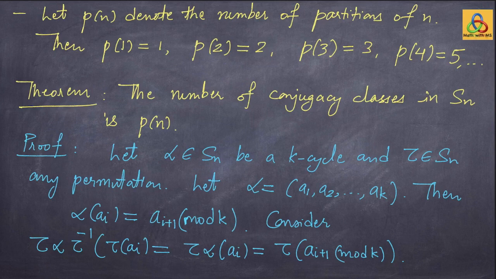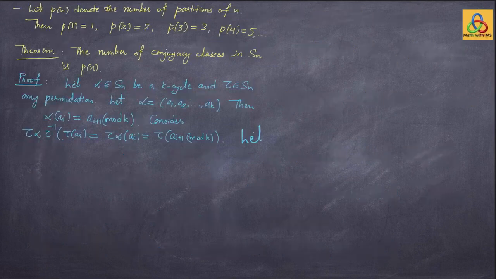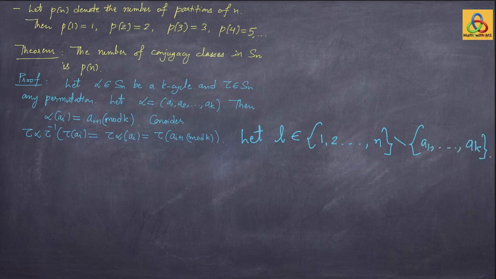What happens to the elements outside the set a1 to ak? Let L be an element in the set 1, 2, and so on up to n, minus the set a1 to ak. Then what does alpha do to this L? Alpha just fixes it, because alpha is a k cycle in which L doesn't appear. Then alpha of L is simply L, and what is tau alpha tau inverse of tau of this L?